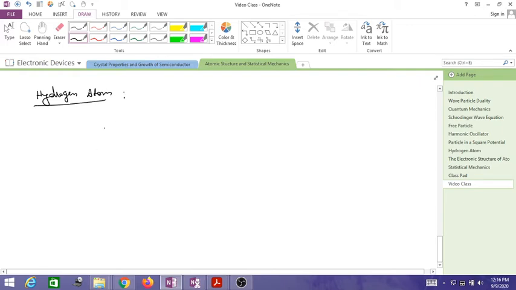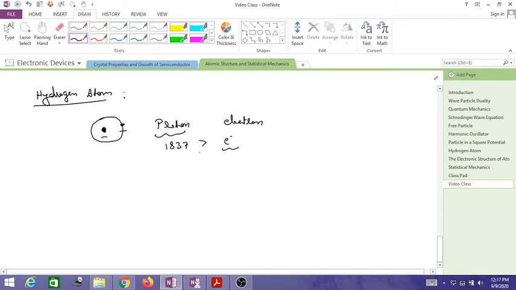We know that this is the first atom in the periodic table, because it has only one electron in one orbit. When we see the proton and the electron, the mass of the proton is 1837 times greater than the electron.